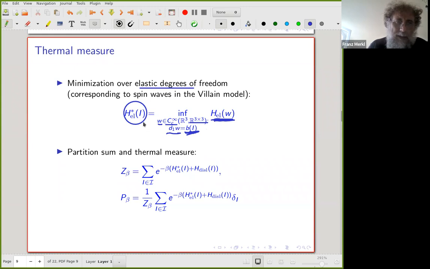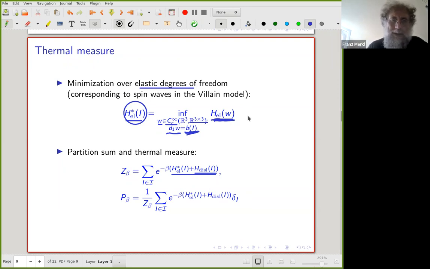And this elastic energy, together with this local dislocation energy I mentioned before, gives then the Hamiltonian, the total Hamiltonian, which is used for defining the Boltzmann-Gibbs weights in our statistical mechanics model.